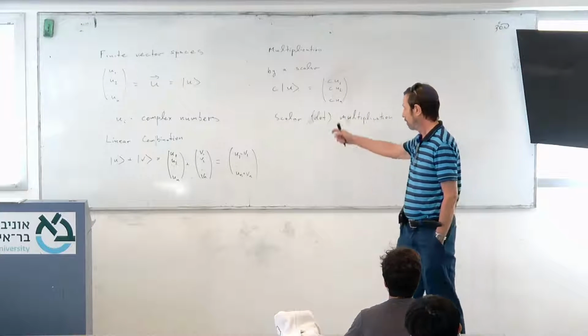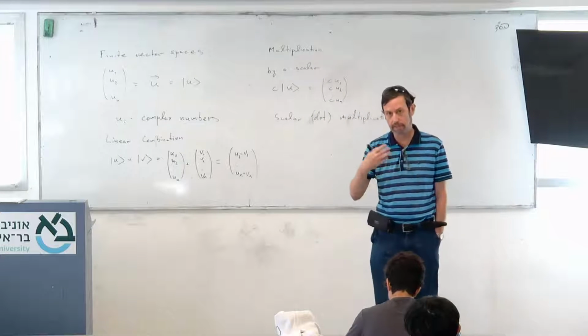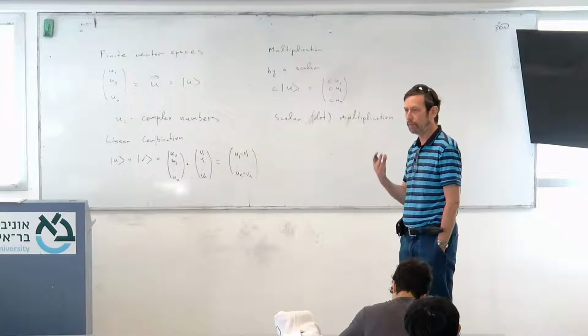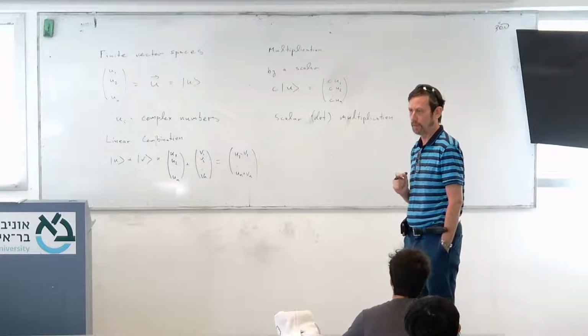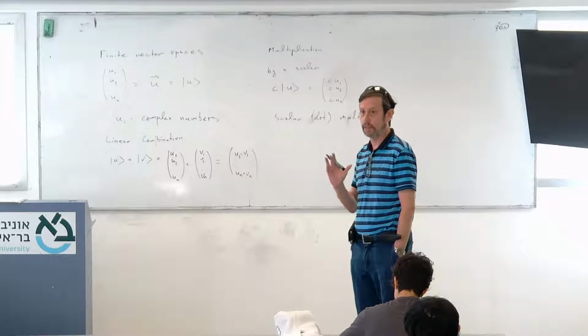Scalar multiplication, not multiplication by a scalar, but scalar multiplication that sometimes is known as a dot product. We multiply two vectors and get a scalar as a result.